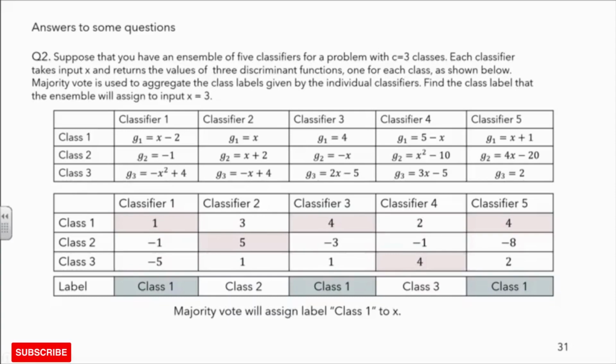So basically here 3 minus 2, this is 1. This is 3. This is 4. 5 minus 3, this is 2. 3 plus 1, this is 4. And you do it for all the discriminant functions.